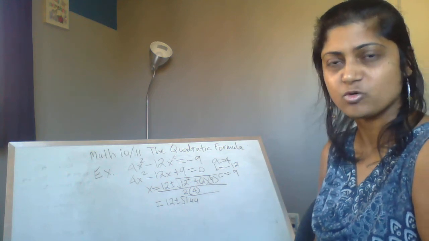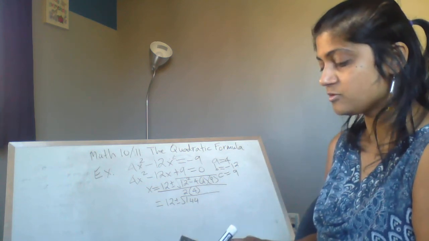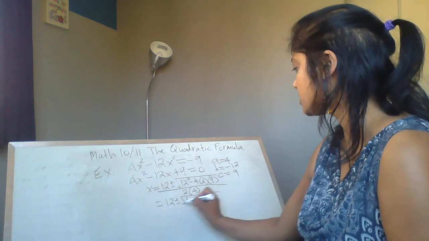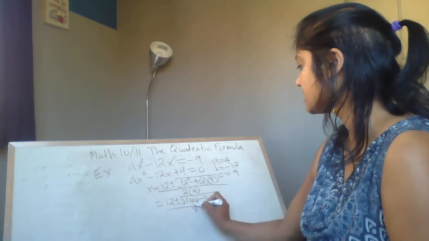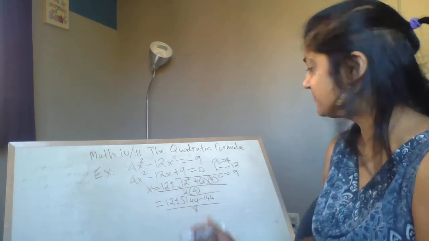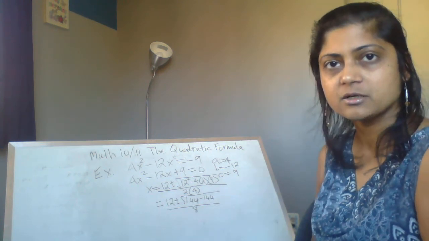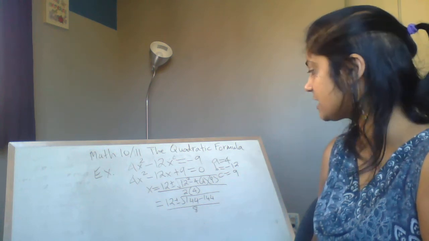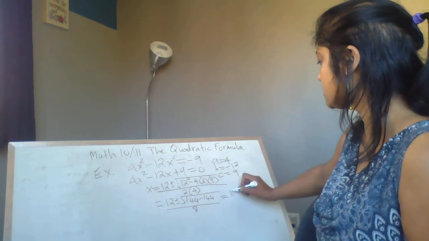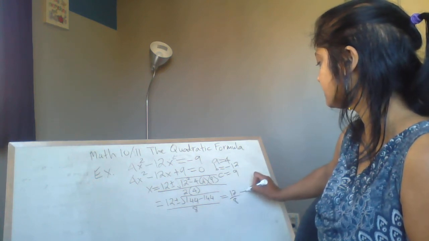So 144 minus 4 times 4 times 9, which is also 144, divided by 2 times 4, which is equal to 8. So you can see underneath the square root sign I have 0. So what I'm actually left with here is going to be 12 over 8.